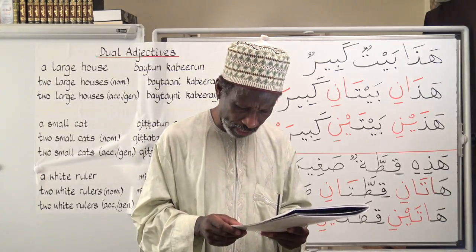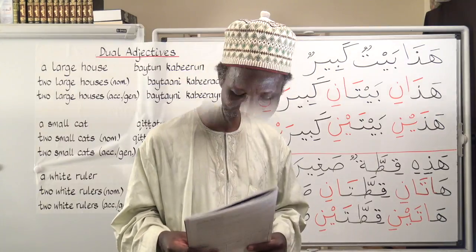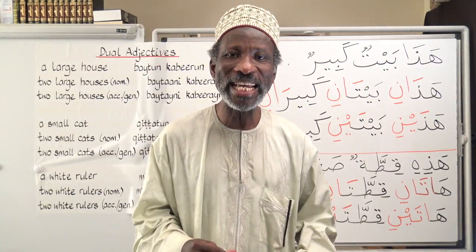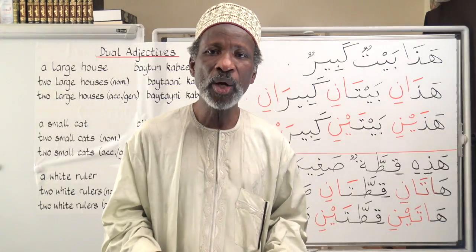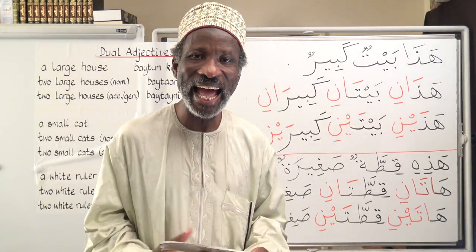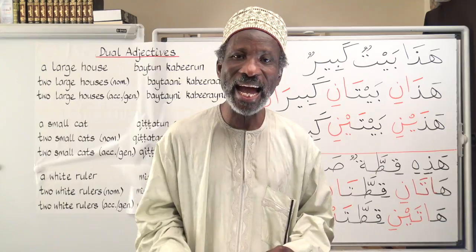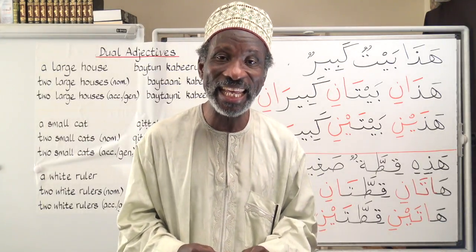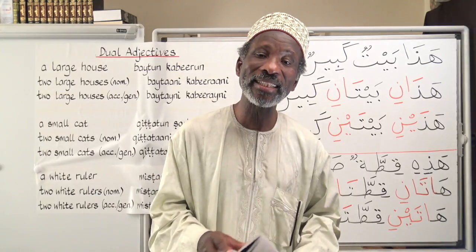Now we have a slow tortoise. سلحفاة بطيئة. Dual: سلحفاتان بطيئتان, or سلحفاتين بطيئتين.